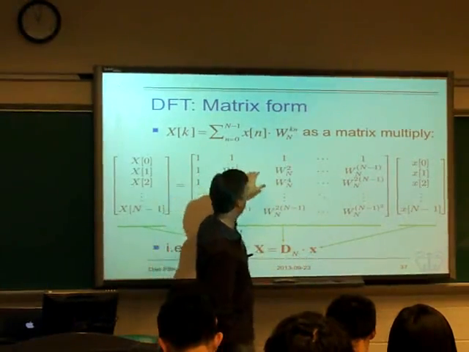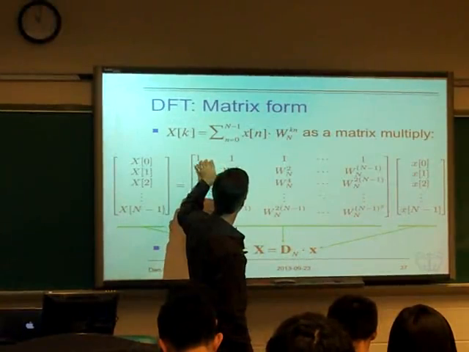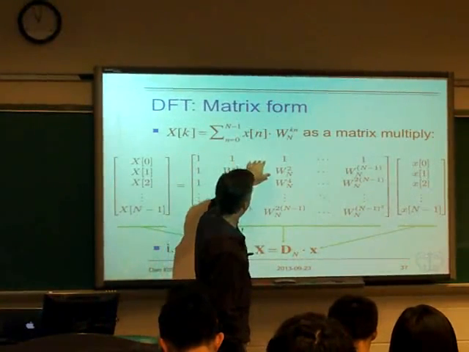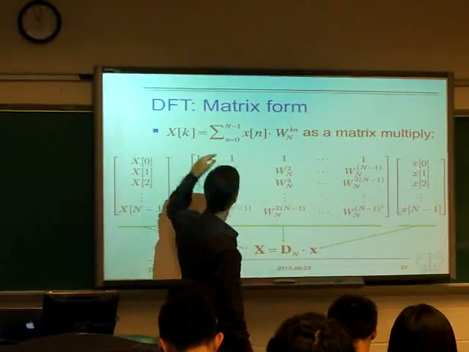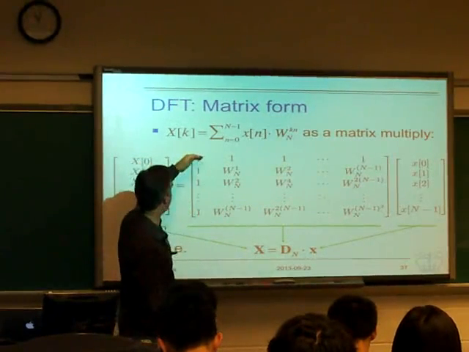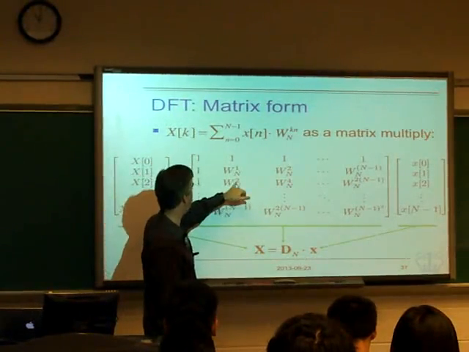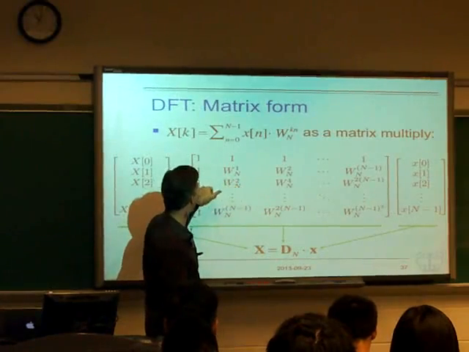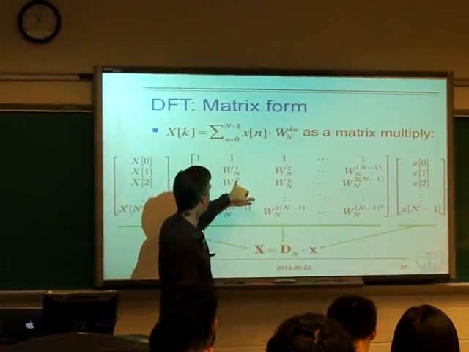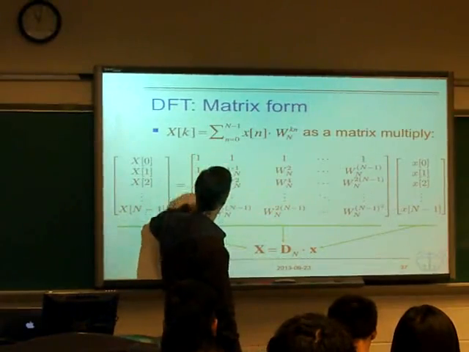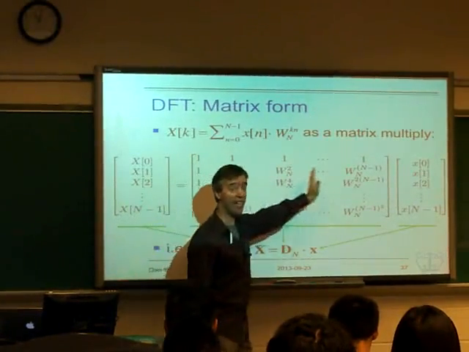And then each row is just W sub big N to the kn for different values of k, right? This is the value for k equals 0, k equals 1, k equals 2, so it's W_N to the 2 times 0, W_N to the 2 times 1. So here each row is a value of k and each column is a value of n.